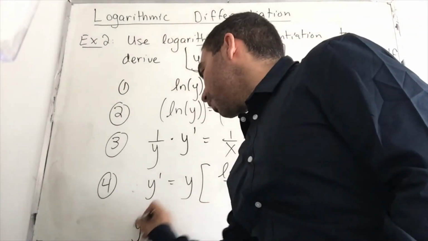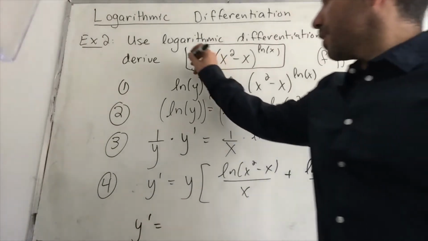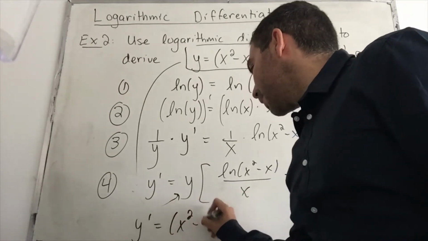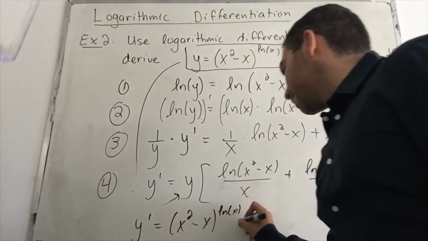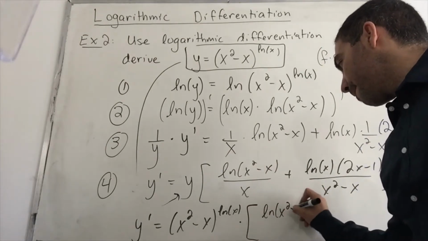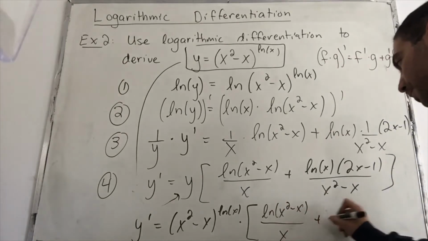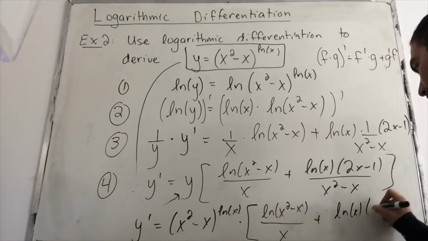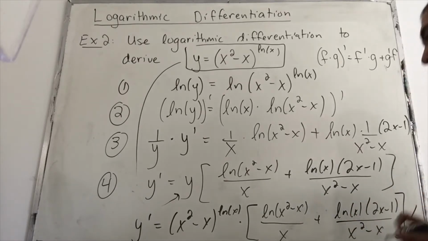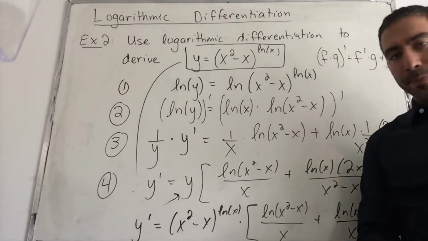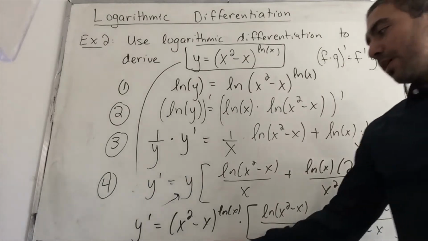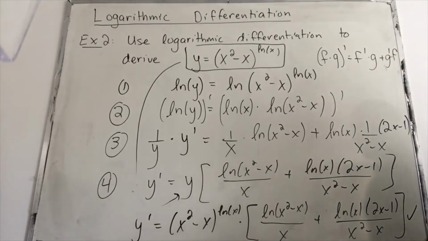So you're going to have to write the answer as y prime equals, instead of writing y, we're substituting it in, and it's x squared minus x to the ln of x times whatever's in the square bracket, ln of x squared minus x over x plus ln of x times 2x minus 1 over x squared minus x. Okay, and this is okay. You can leave your answer like this. If you want, you could get a bit more technical and find a common denominator and then work it in with this, but this for me is good enough.